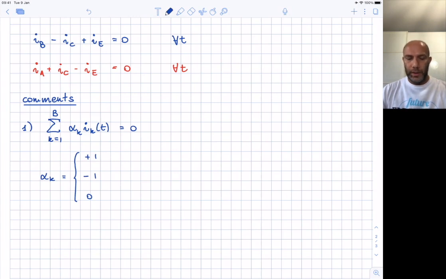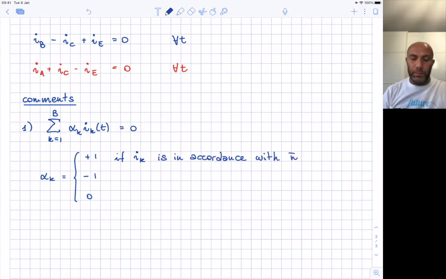So alpha k is 1 if ik is flowing through the surface in accordance with the unit vector.